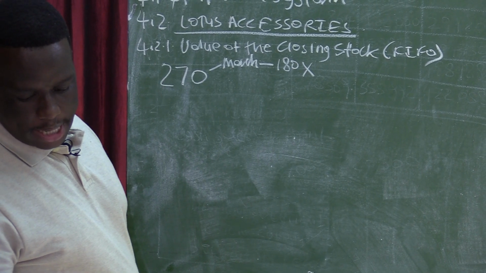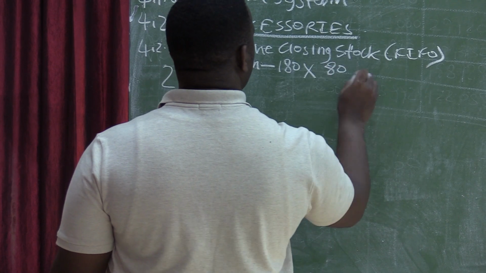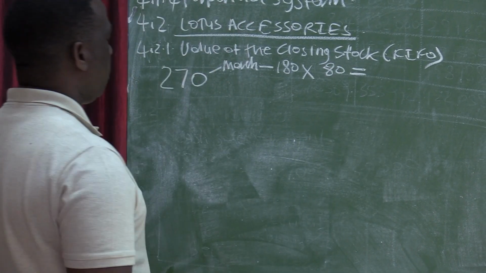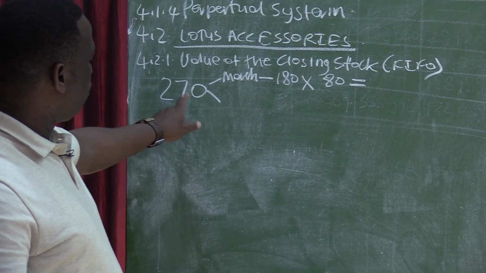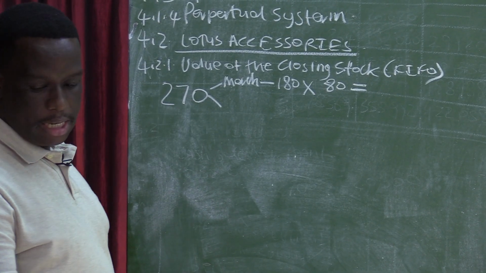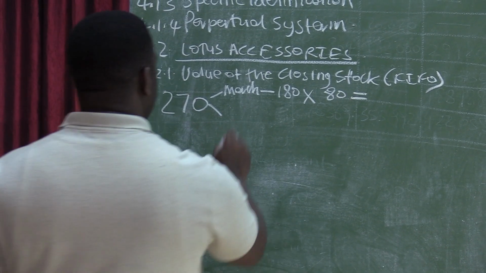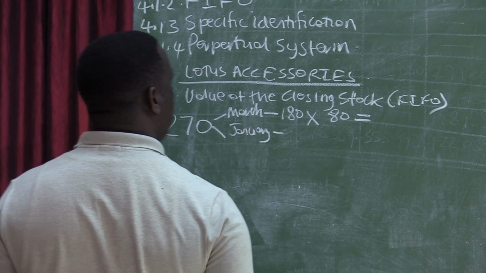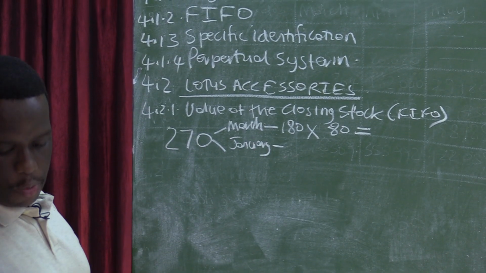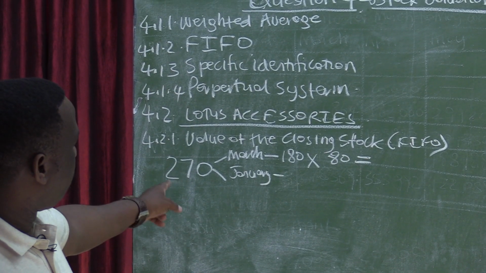We are left with 180 here, and the unit cost for March is 80 Rand. So we have 180 multiplied by 80 Rand. Then we need to go a little bit up, because we want to make a total of 270 in the closing stock. We go up to January. There is 1,100, but we need to make up 270.